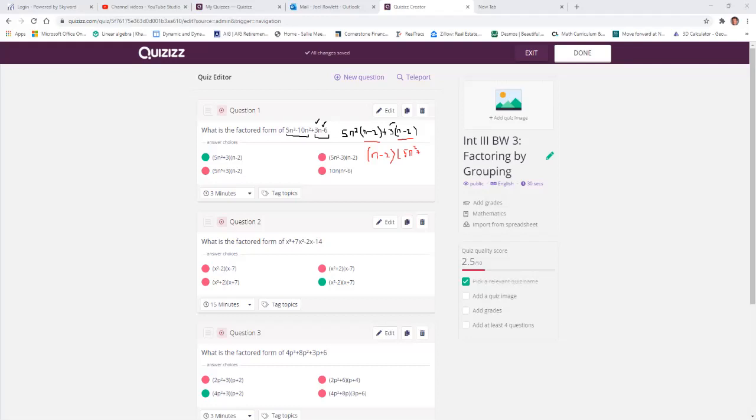And since we are multiplying, the order that you multiply doesn't matter. So this is actually the answer. 5n squared plus 3 multiplied by n minus 2. Let's look at problem number 2.